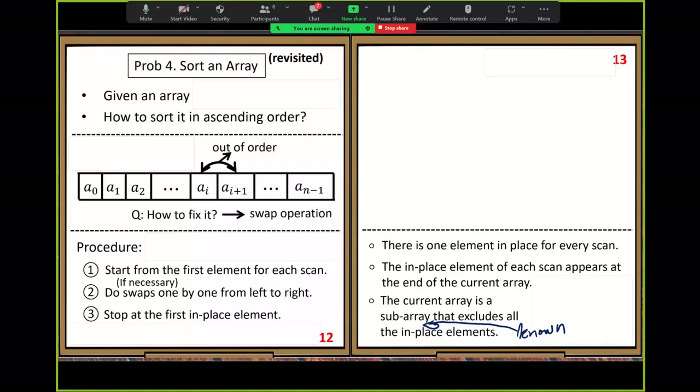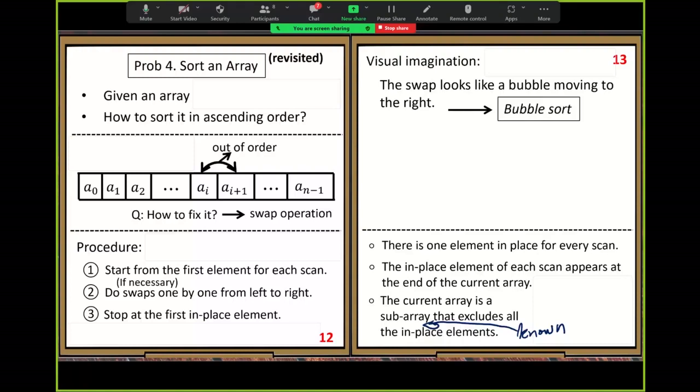So we can separate known in-place elements like that. Visual imagination: the swap looks like a bubble moving to the right, every scan from left to right. So people call it bubble sort.